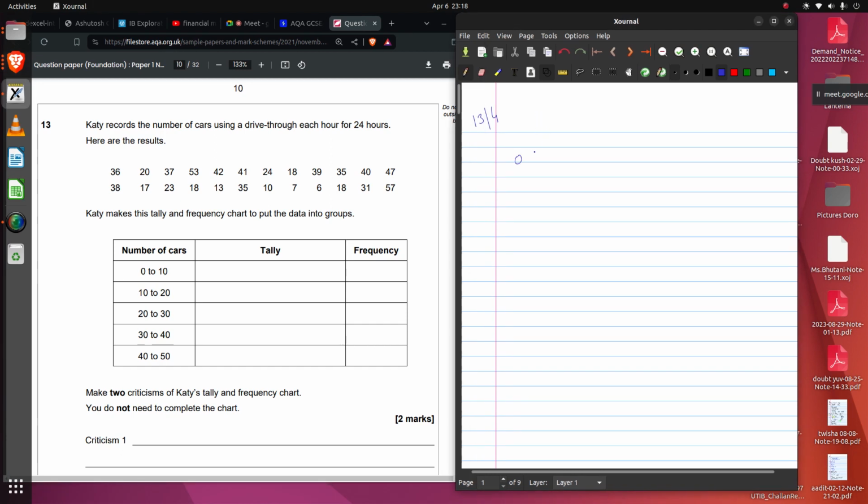Zero to 10. So the number 10, will you count it in the first row or in the second row?